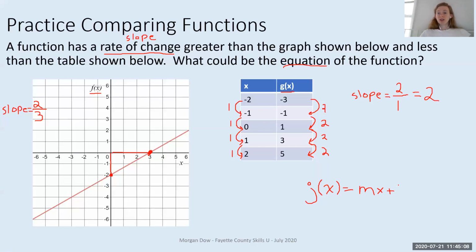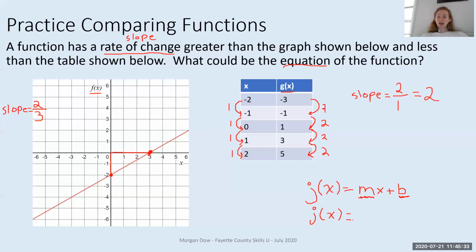And since this problem is asking us to basically create an equation, right? It says what could be the equation. We just need to come up with something that works. It's going to be our job to pick the values for the slope, m, and for the y-intercept, b. So let's think about b first. b is the y-intercept. That actually doesn't matter here.